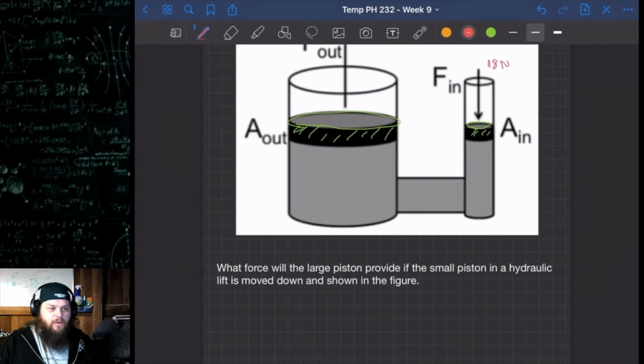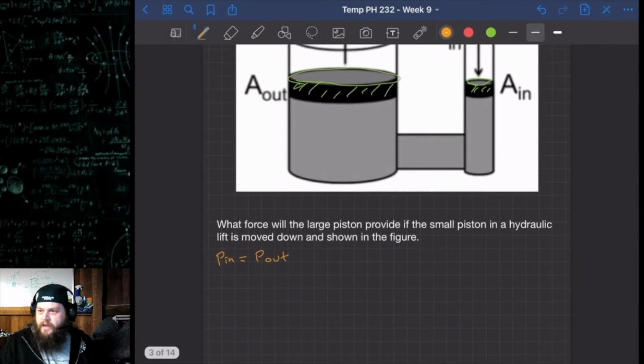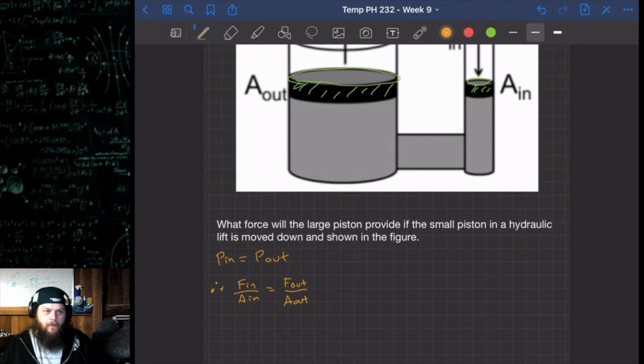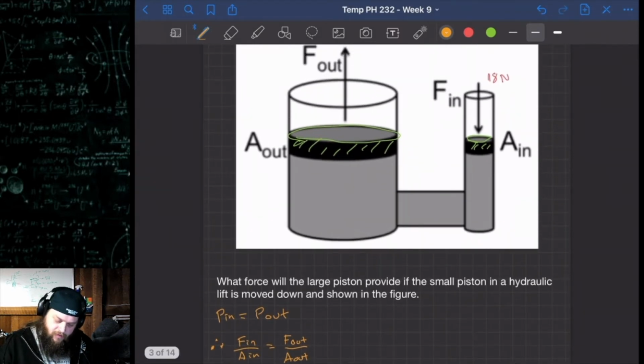Well, just like we were saying, that pressure in needs to equal the pressure out. And to get equal pressures, we can set the force in divided by the area in equal to the force out divided by the area out. And now we just need to solve for what force the large piston will provide.